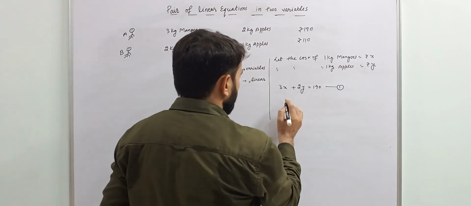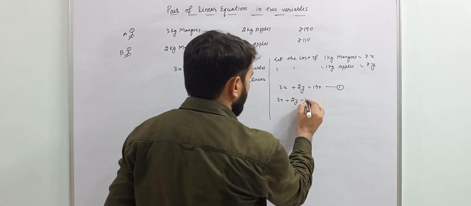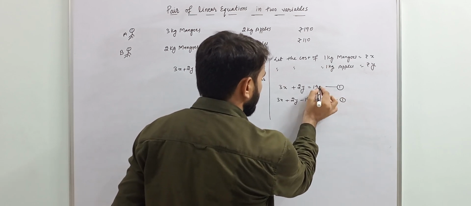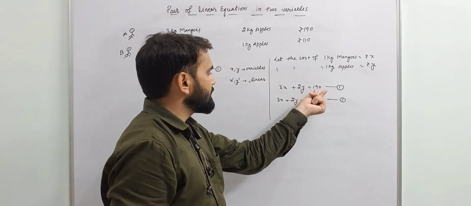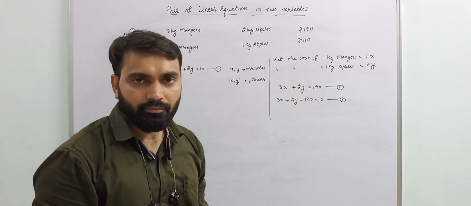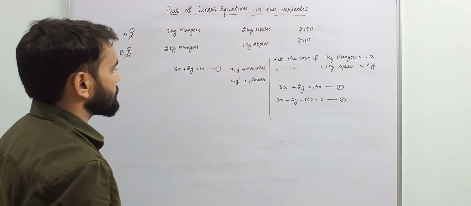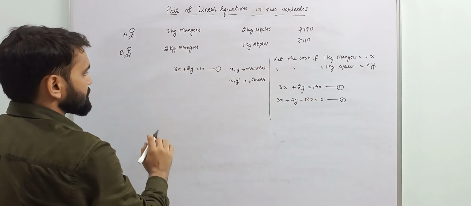And if we write this equation as 3x plus 2y minus 190 equal to 0, I just transposed 190 to the left side. So simple transposition: 190 here is positive, so on this side it will be negative. So this form is called the standard form of a linear equation. Now we will write a linear equation for this situation.